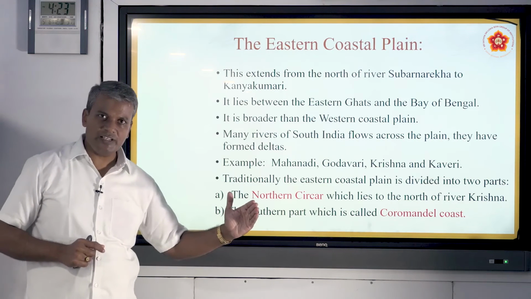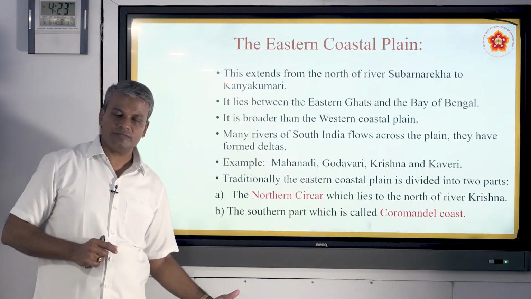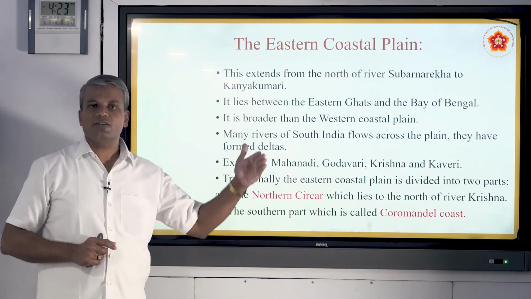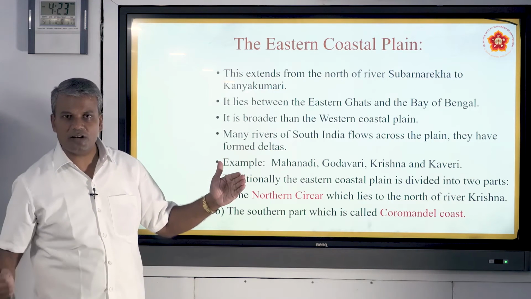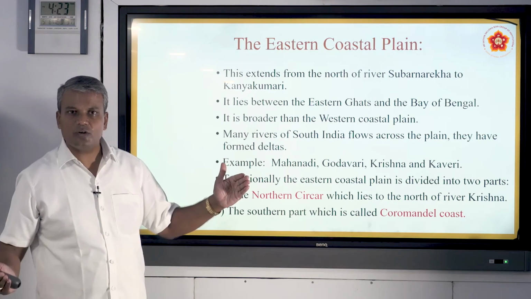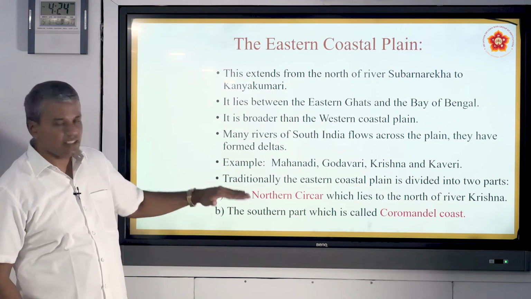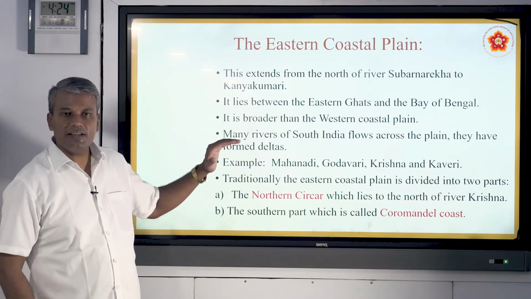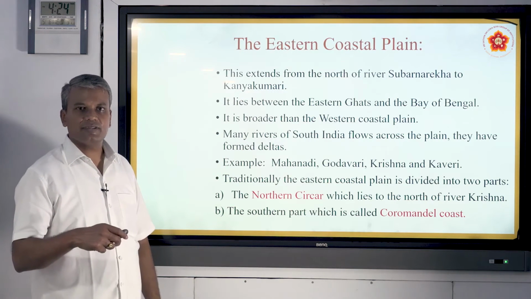West coastal plain is divided into three parts. From south, Malabar coast, Kannada coast, Konkan coast. East coastal plain is divided into two parts, Coromandel coast and Northern Sarkars. So these are the divisions of the east coastal plain and also west coastal plain. Clear?